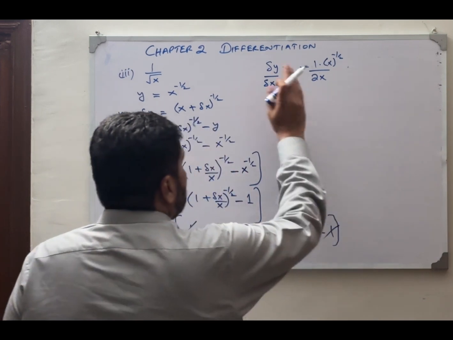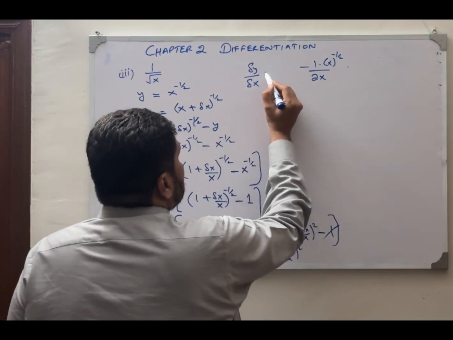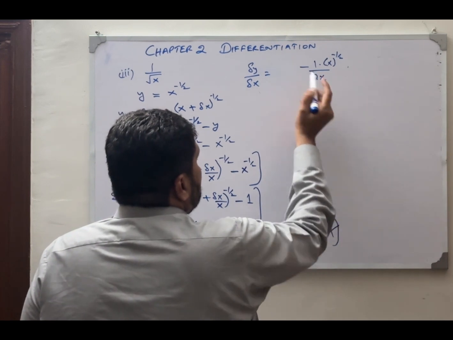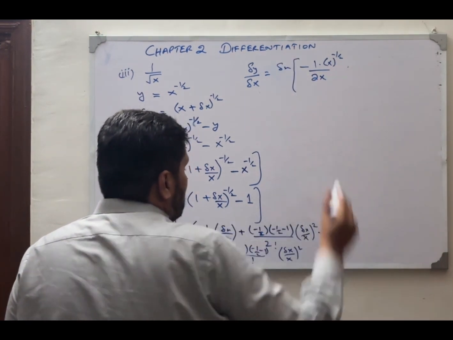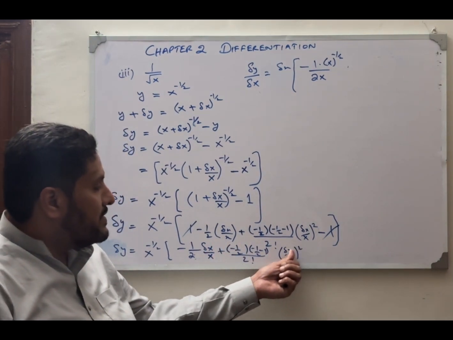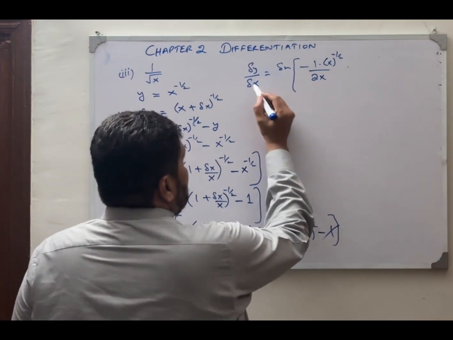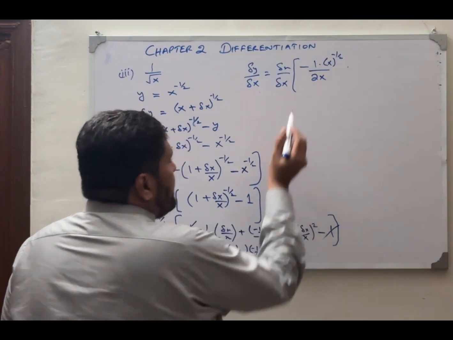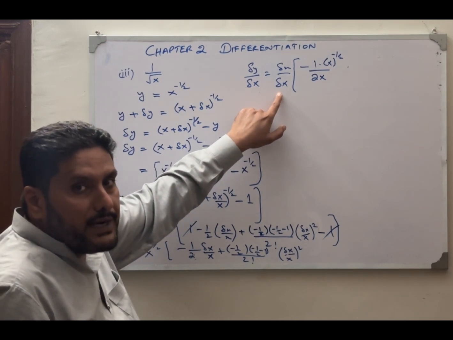So this is our delta y by delta x, this is equal to, in this term we take delta x common from this upper term, from this delta x and this delta x square, that will become single delta x. So divided by delta x, as we divided on the right hand side by delta x, here we divide this whole term by delta x.